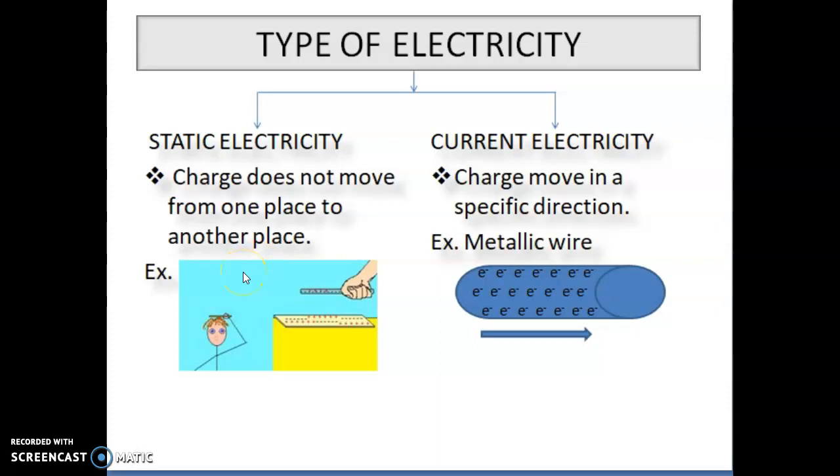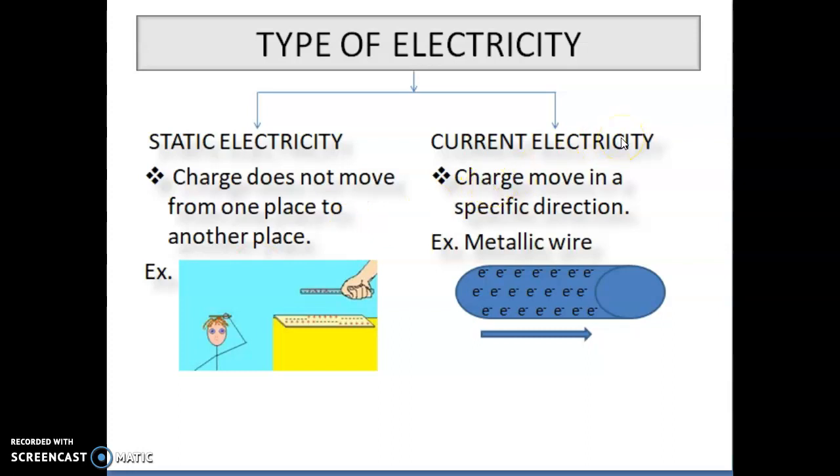The charge acquired by a glass rod rubbed with silk cloth, and the charge acquired by a rod rubbed with woolen cloth. The lightning which we see in the sky during the rainy season is also static electricity.